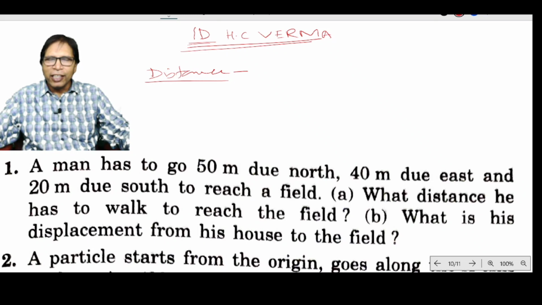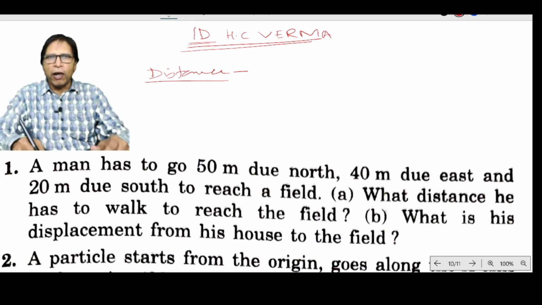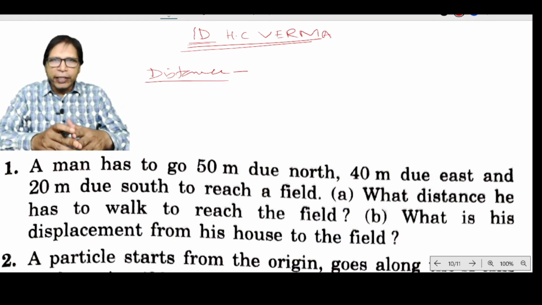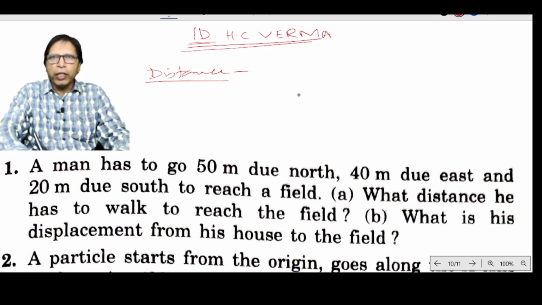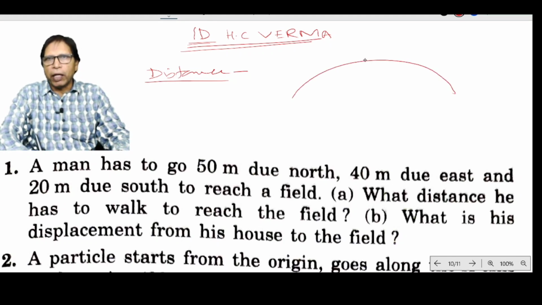Okay, now displacement. Displacement is the shortest distance between initial and final point. Suppose a particle is moving along this path. O is the initial point, A is the final point.